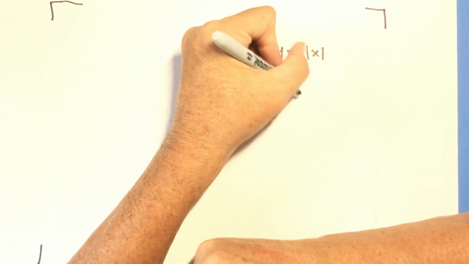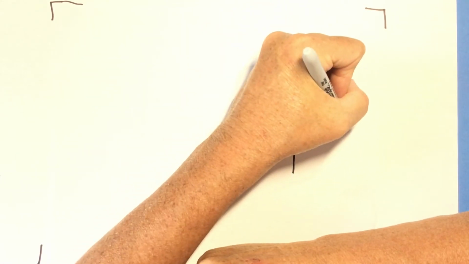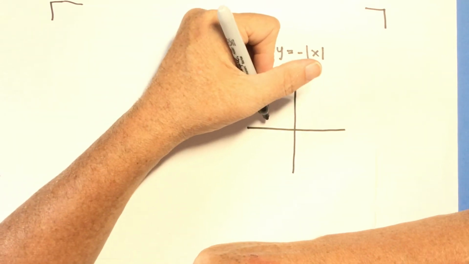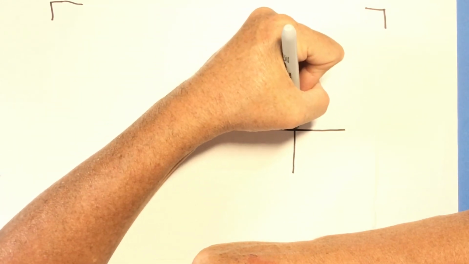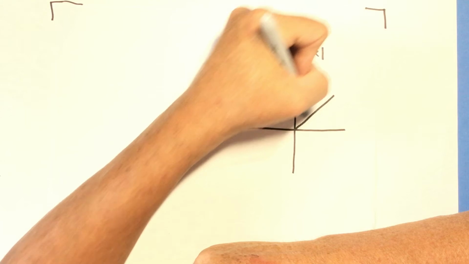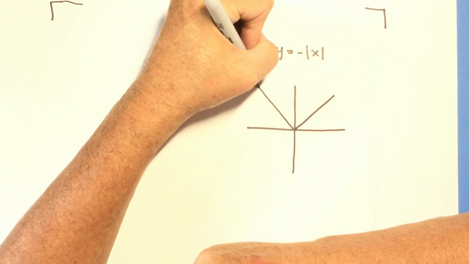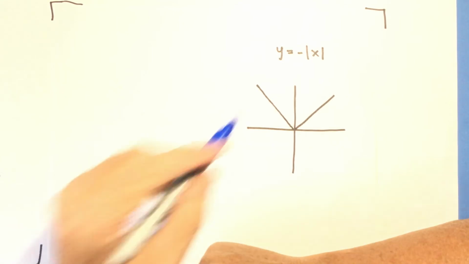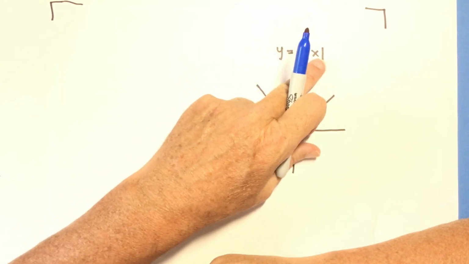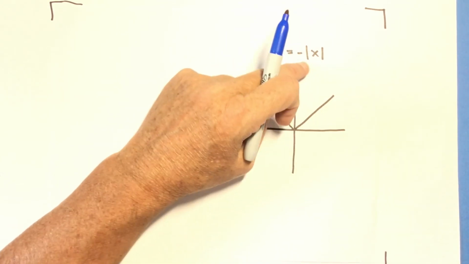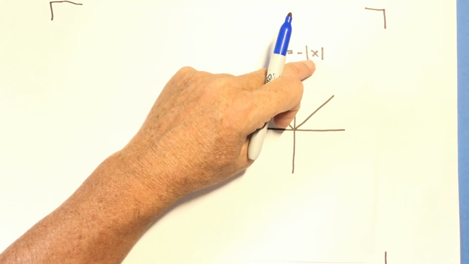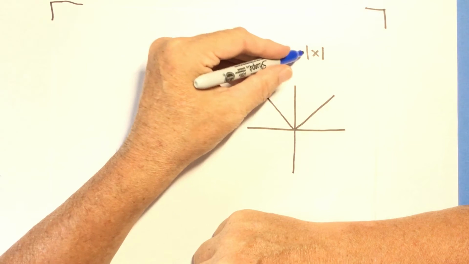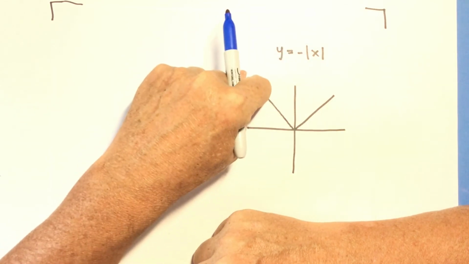Well, here's my XY coordinate plane. All right, so here's my parent graph. By having a negative outside the absolute value there, that's just going to make every y value that was positive now negative.